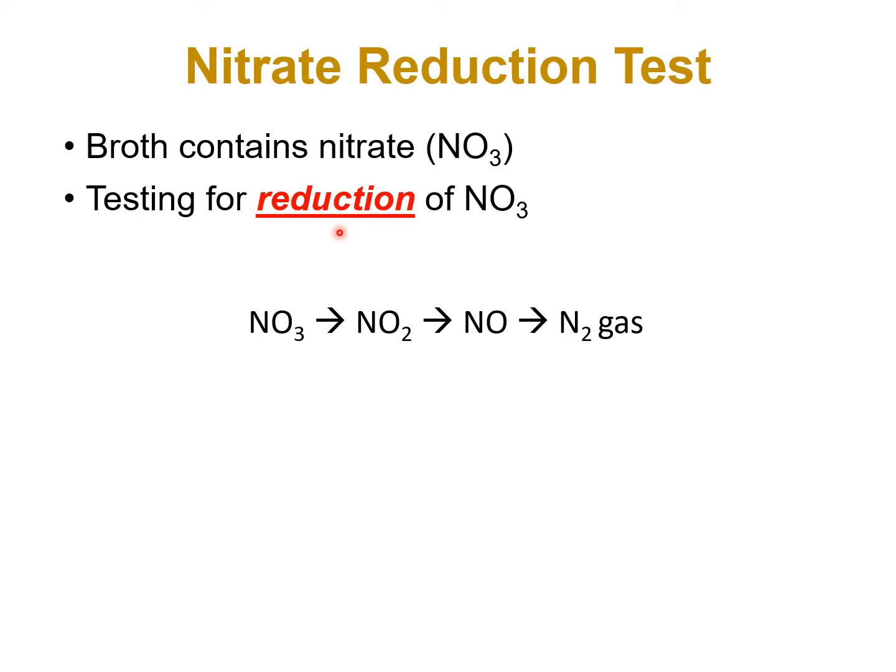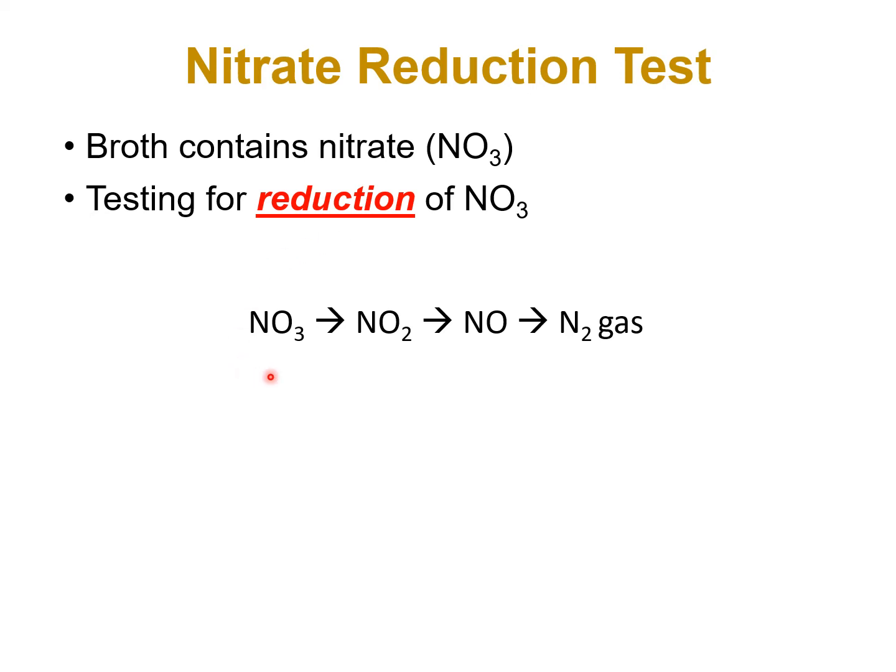And that's what this test is going to tell us: whether the bacteria is capable of doing that, yes or no. So we want to know whether nitrate is being reduced. One more time, that doesn't mean broken down. It means whether it's going to gain those electrons or not.